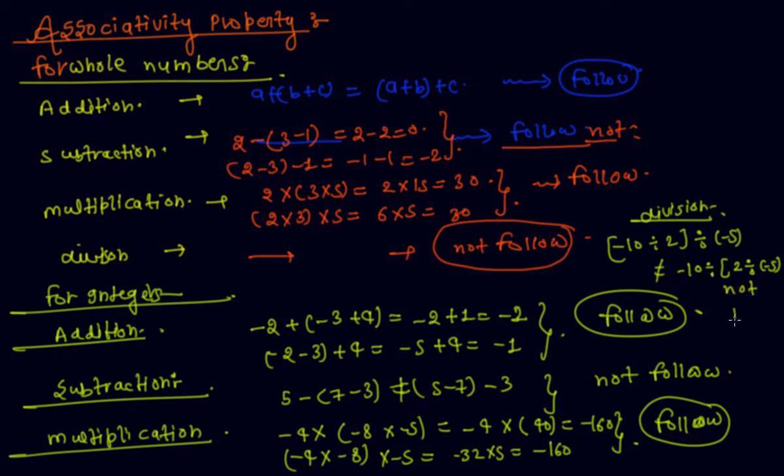So division is not associative in the case of integers. So I discussed on this page the associativity property for whole numbers and for integers. And on the next page I discuss the associativity property for rational numbers.